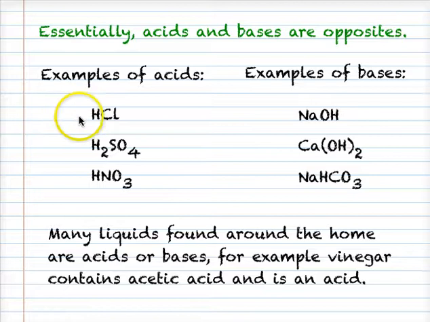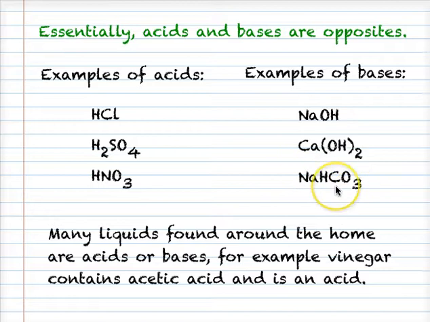Some examples of acids: we have HCl, hydrochloric acid, H2SO4, which is sulfuric acid, and HNO3, which is nitric acid. Some examples of bases: these would be strong bases at the top: sodium hydroxide, calcium hydroxide, and this one here, which we've seen before, sodium hydrogen carbonate, when dissolved in water, acts as a base.